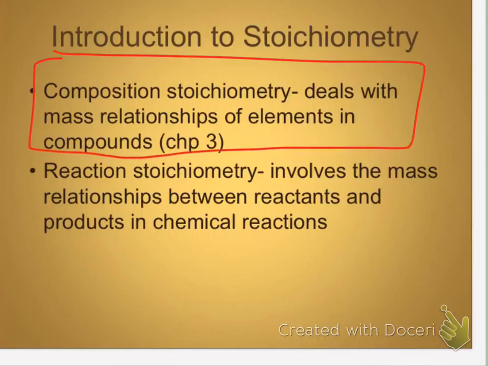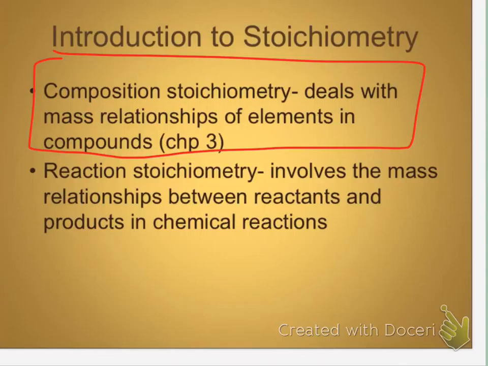Stoichiometry is all about mass relationships in chemistry. Composition stoichiometry is just how many moles of copper are in 500 grams of copper. What is the mass of 2 moles of aluminum? That kind of thing.